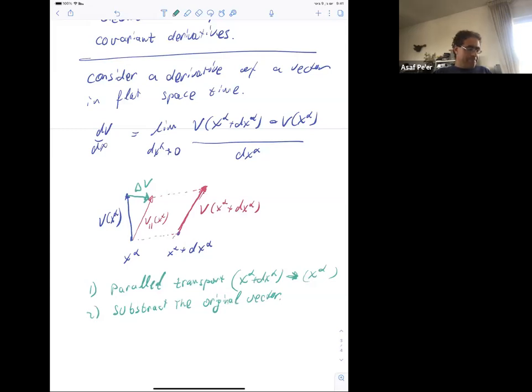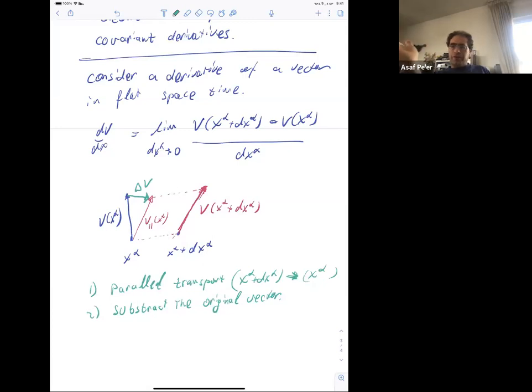Now, what happens in curved spaces? You in fact do exactly the same. Remember, if you want to take the derivative or the difference between two vectors, you can only compare vectors that belong to the same space. You cannot compare apples with oranges. So really, in curved space, you also have to parallel transport. Now, there is no big deal.